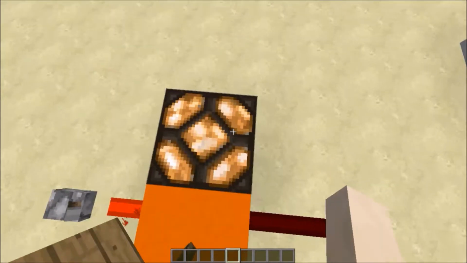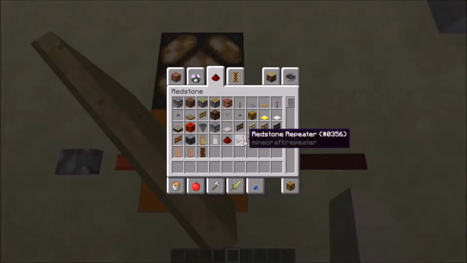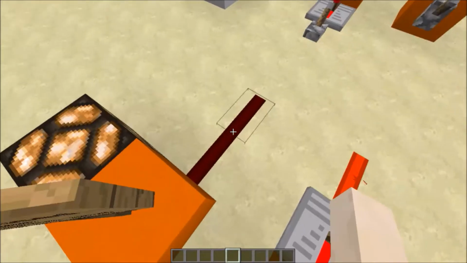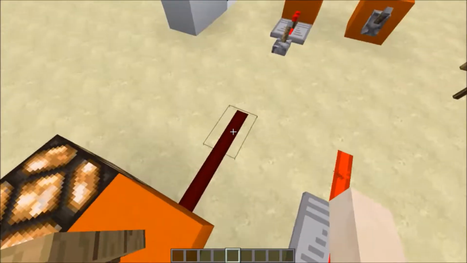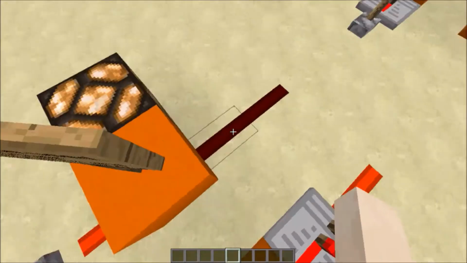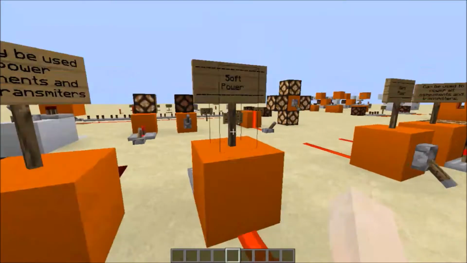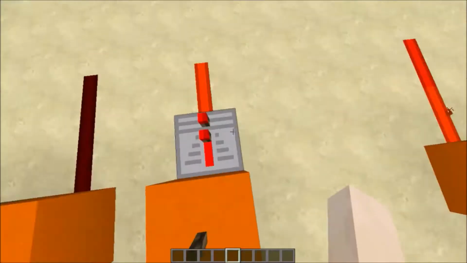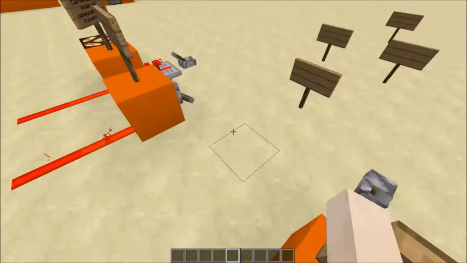It can be used for transmitters like redstone repeaters, comparators and observers, but it can't be used to take power from redstone dust itself. Soft power can be taken by redstone repeaters.